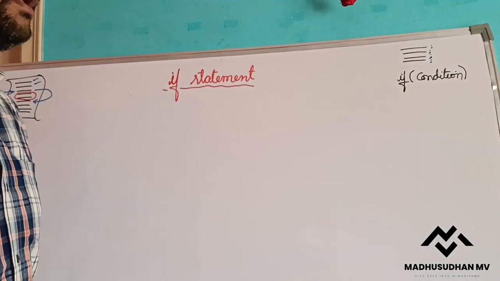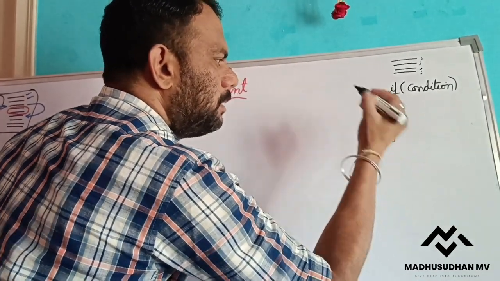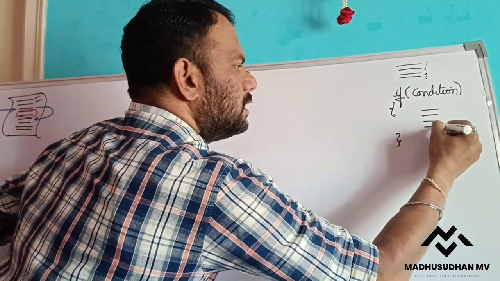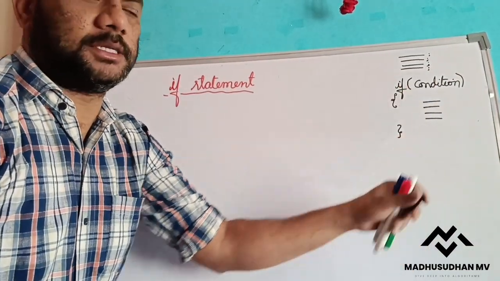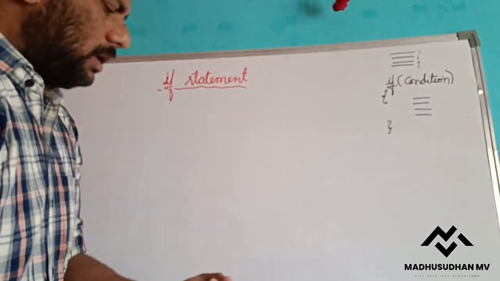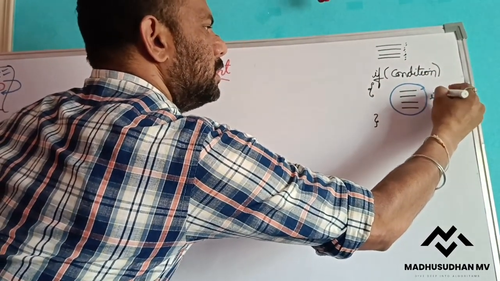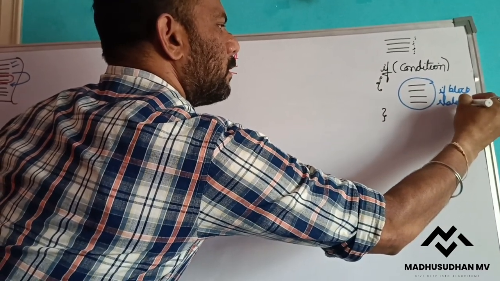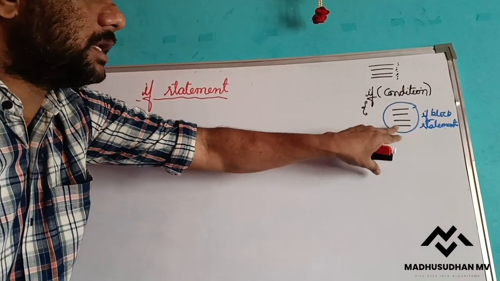Now this pair of curly braces indicates the statements written inside this if condition. This is called the if block statements.